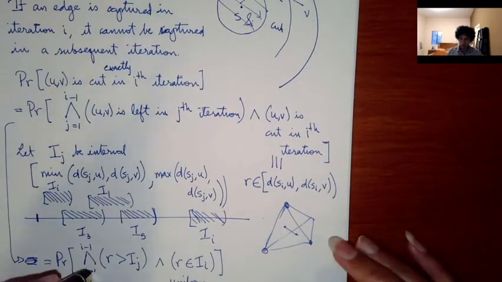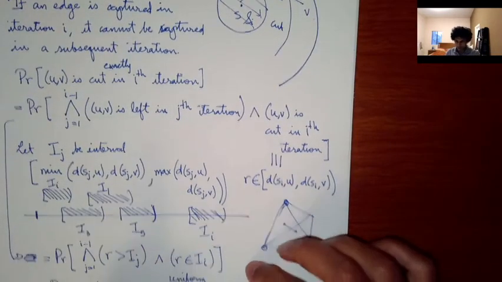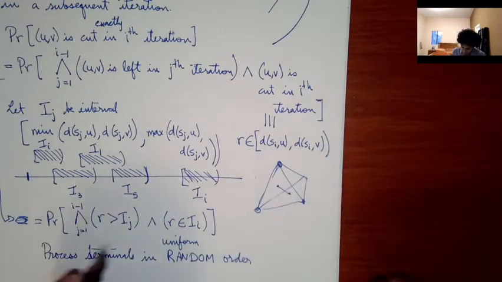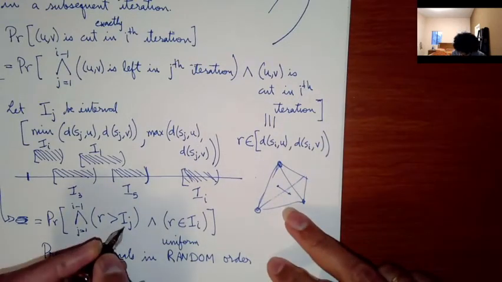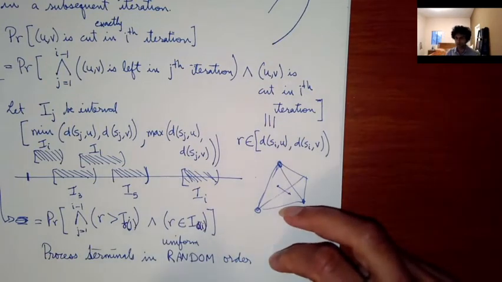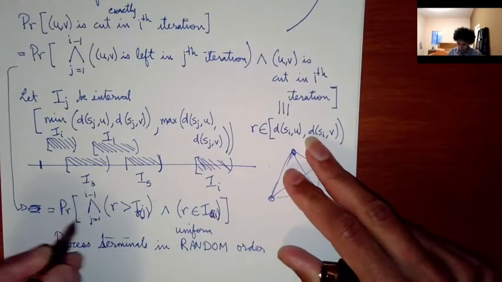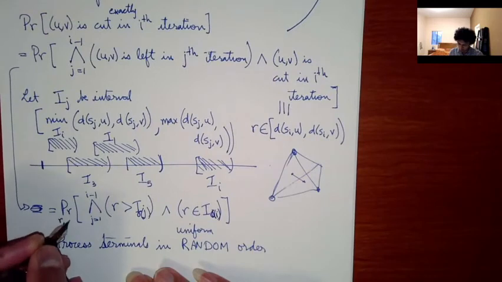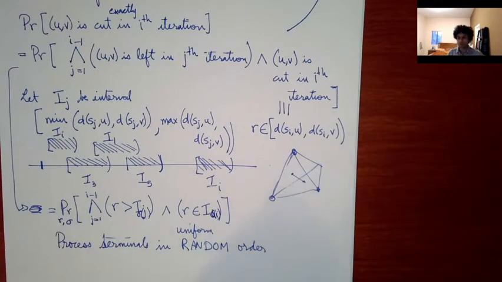So now we can look at this, and instead of it being in order, it's sigma of this. So what is the probability that this happens over R and over sigma? And this is the key.